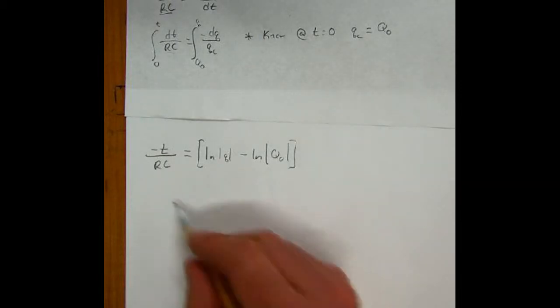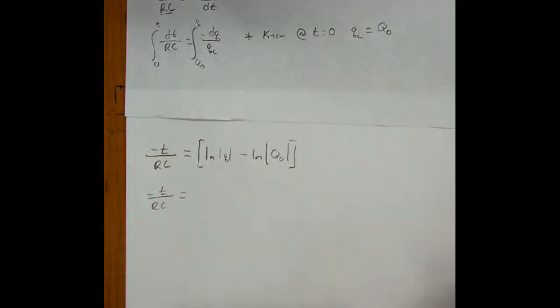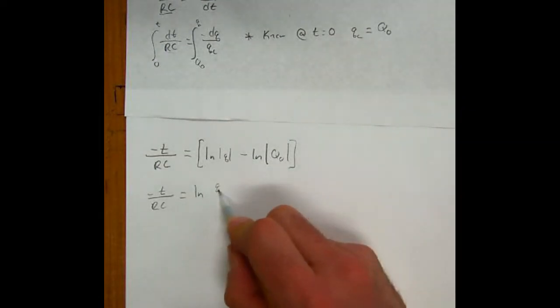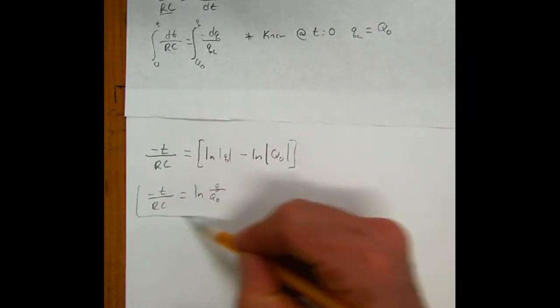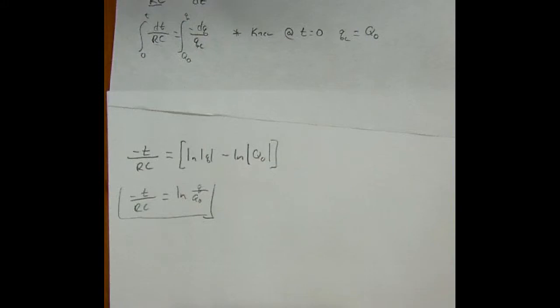And I can rearrange this again, just some identities, negative t over RC equals the natural log of q divided by q naught. So this is going to be a straightforward practice problem where we need to remember how to integrate these.